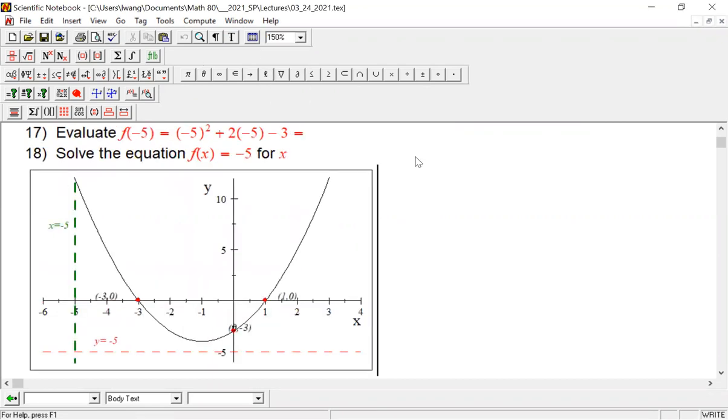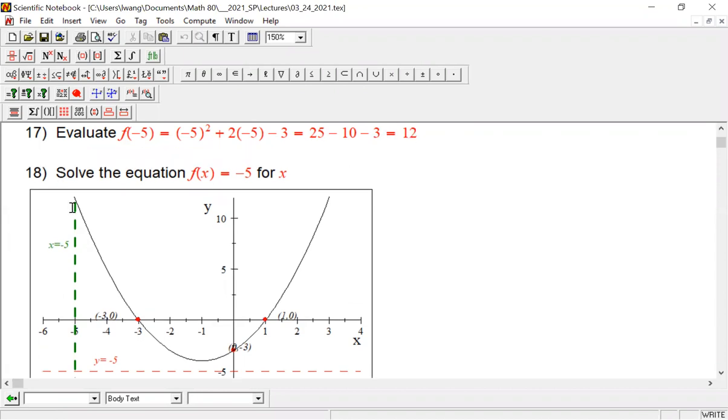We have 25 minus 10, and minus 3. So we get 12, right? So what is that point? That point is -5, 12.